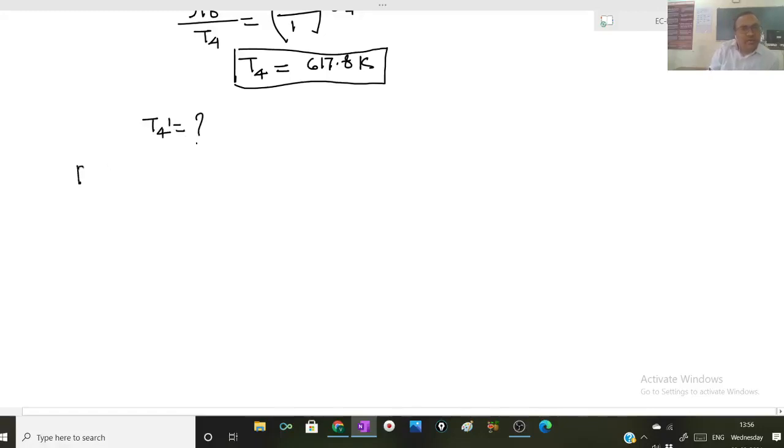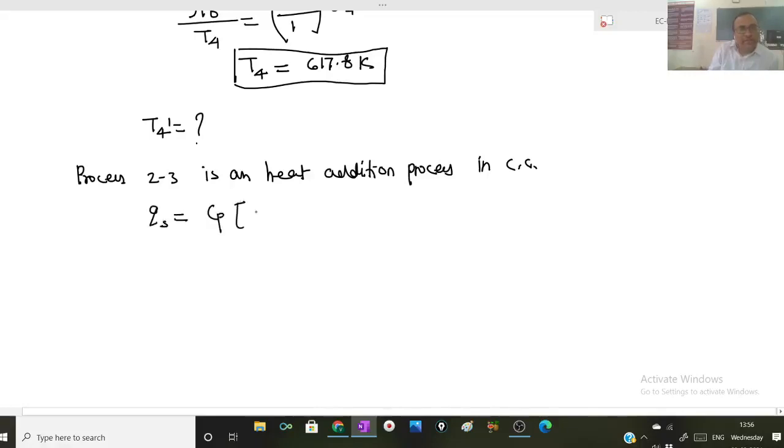Now consider process 2 to 3, a heat addition process in the combustion chamber. So from here I can get the value of heat supplied, that is Cp into T3 minus T2 dash.